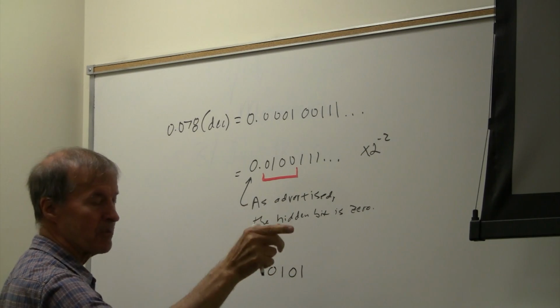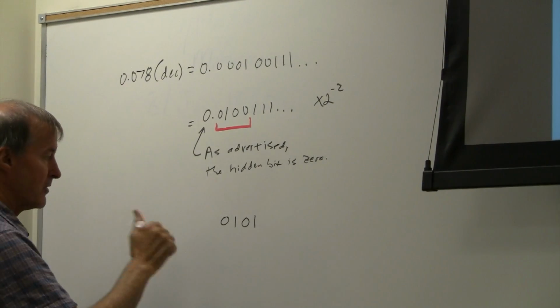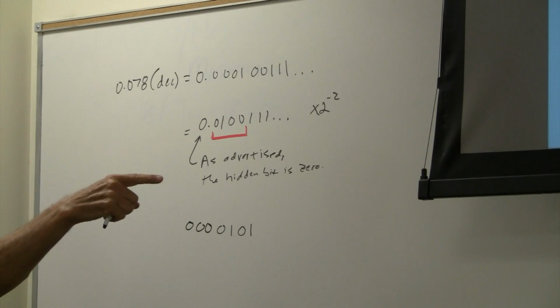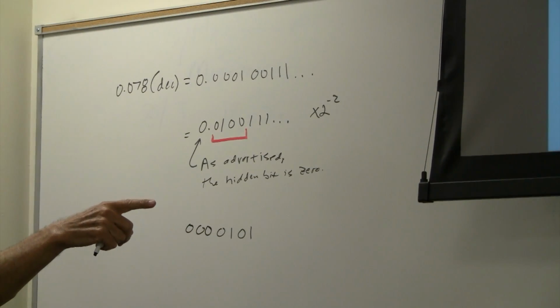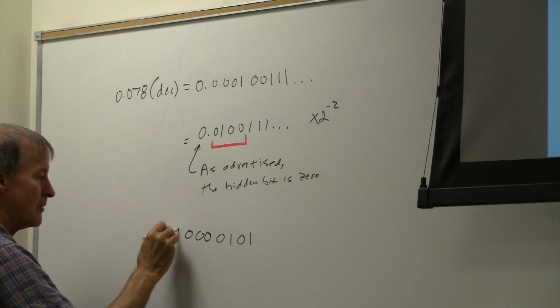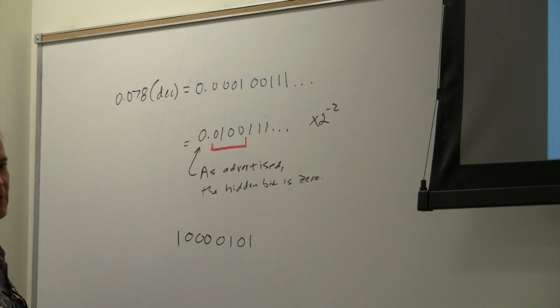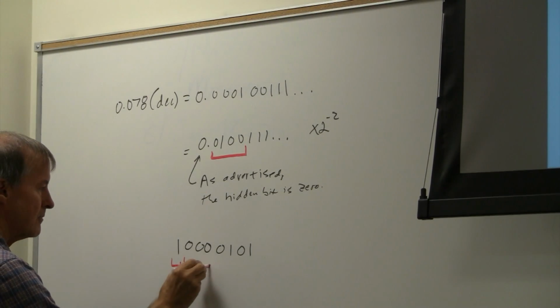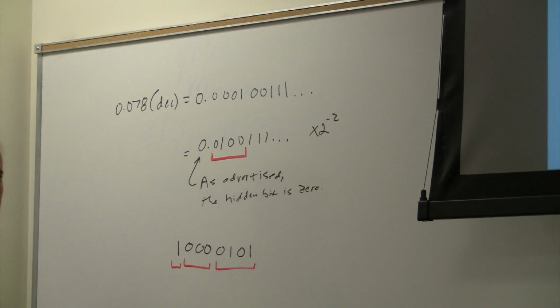We said the exponent bits were all zeros. So that's 0, 0, 0. And furthermore, the original number was negative. So that means the sign bit for the whole thing is 1. So there it is, divided into these fields.